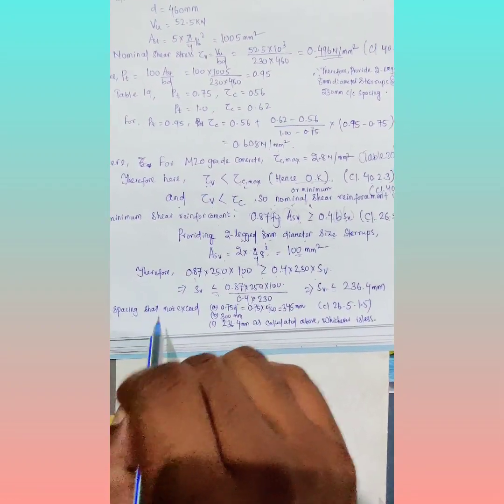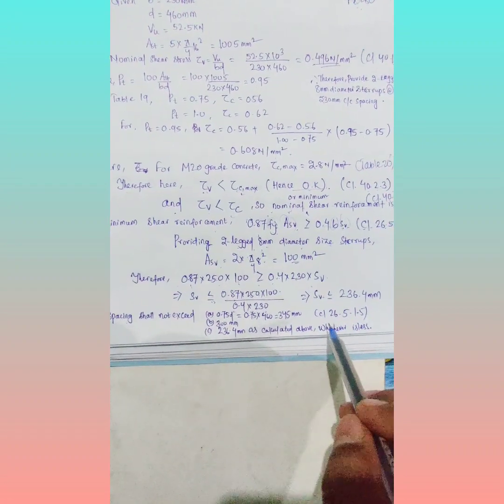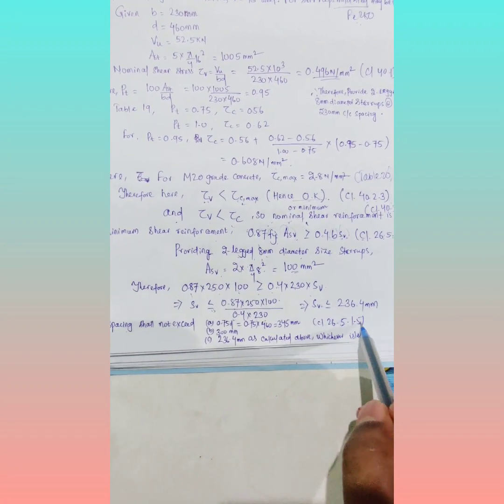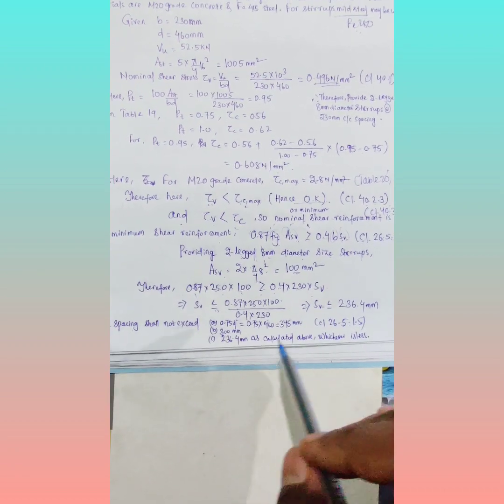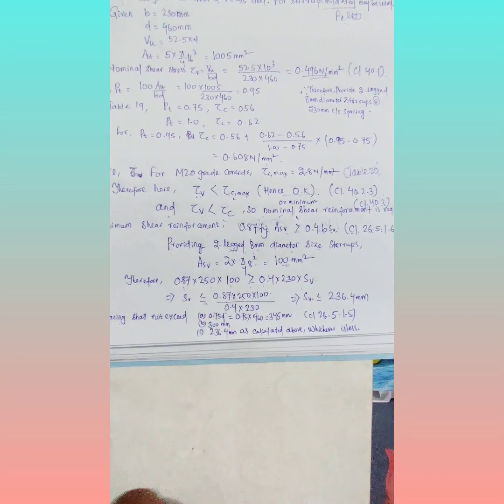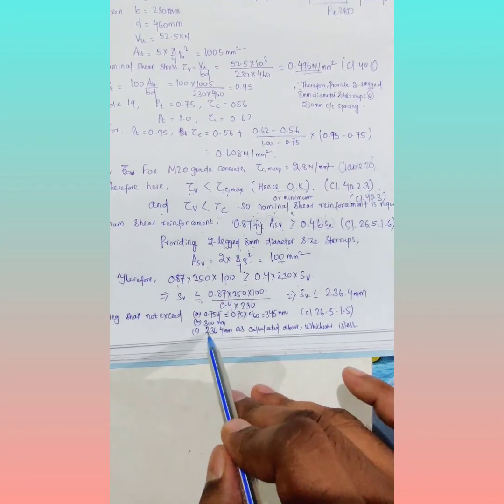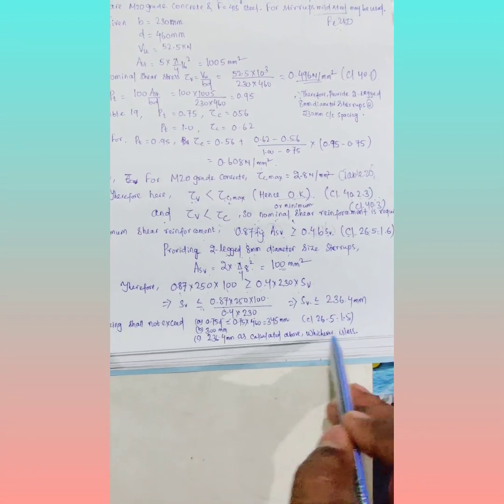As per IS 456 2000 clause number 26.5.1.5, please all of you go through this codal provision. It says that the maximum spacing of the shear reinforcement shall not exceed 0.75 D, 300 mm or 236.4 mm, whichever is less.